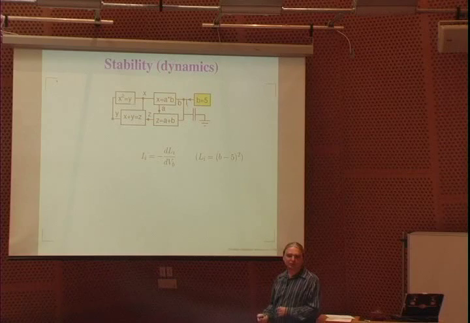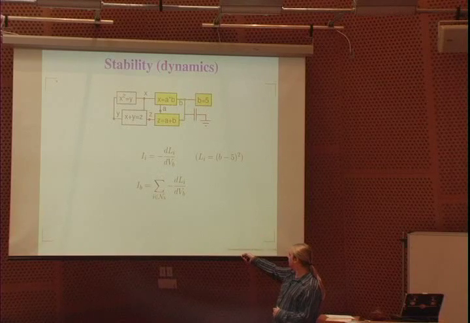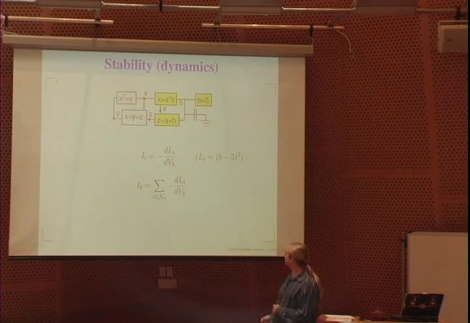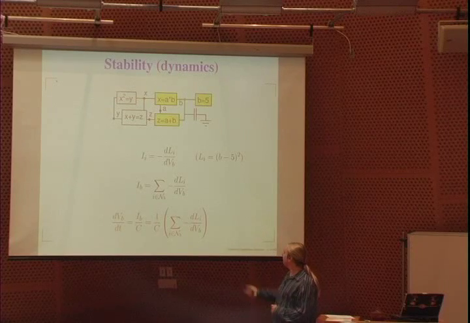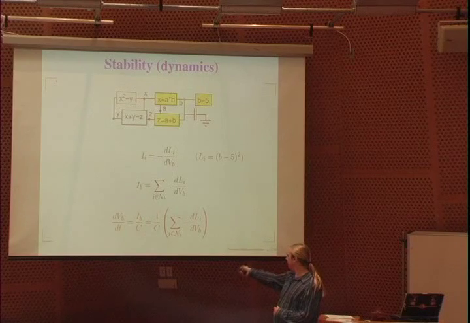The sum of the currents onto that node from all of the blocks around it is just a summation of the ones from all of the blocks. Here, N_B is the neighborhood of B. It's those three blocks. And if I look at the change of voltage on that node, that's just current divided by capacitance.